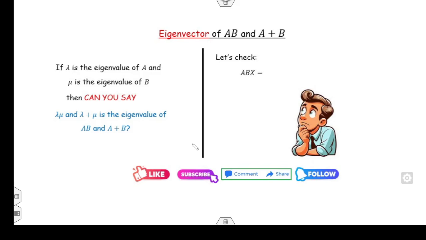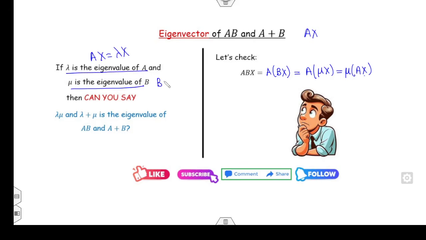So let's see how you can check the eigenvectors of AB. So I can write this as B x. I can substitute the value of Bx. Fine. Mu is outside, that is my Ax. I can substitute the value of Ax. If lambda is the eigenvalue of A, that means Ax is equal to lambda x. Mu is the eigenvalue of B, that means Bx is equal to mu x.